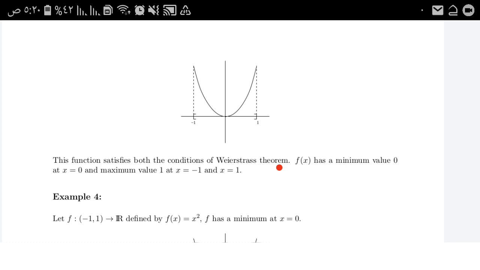But if these conditions are not satisfied, the existence of maximum and minimum depends on the structure of the function. It means maybe maximum and minimum exist, and maybe they do not exist.